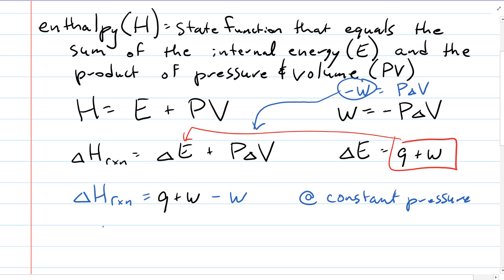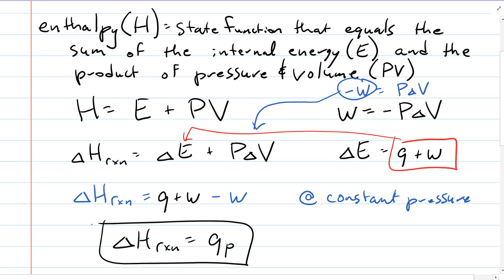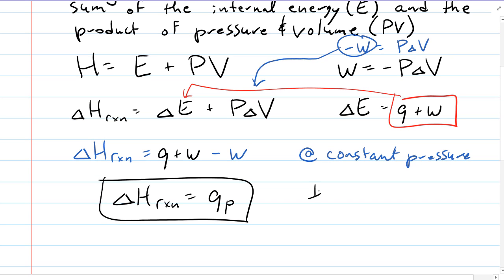And so at a constant pressure, we could then say that the change in enthalpy of reaction is equal to the Q value at a constant pressure. Now, in most cases, the change in total energy of a reaction is going to be very close to the change in enthalpy for a reaction.